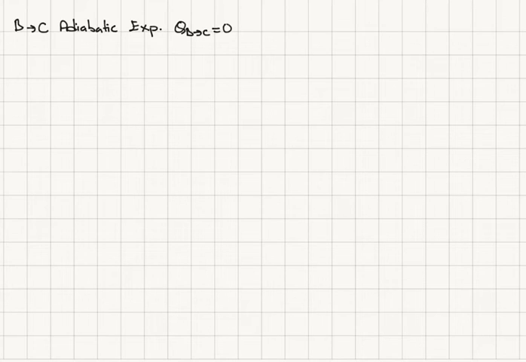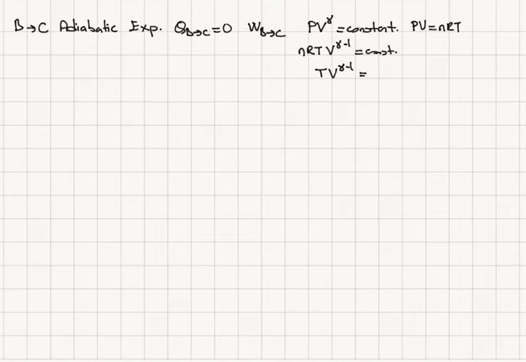There will be work done, W B to C. And furthermore, because this is an adiabatic process, what do I know about adiabatic processes? If it's a reversible process, PV to gamma is a constant. And if you write PV is equal to nRT, you have nRT times V to gamma minus 1 is a constant. Therefore, temperature times V to gamma minus 1 is a constant for this process.